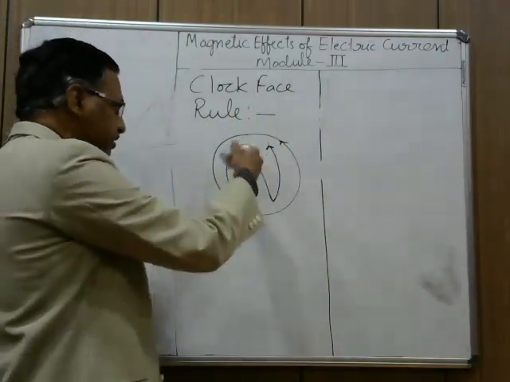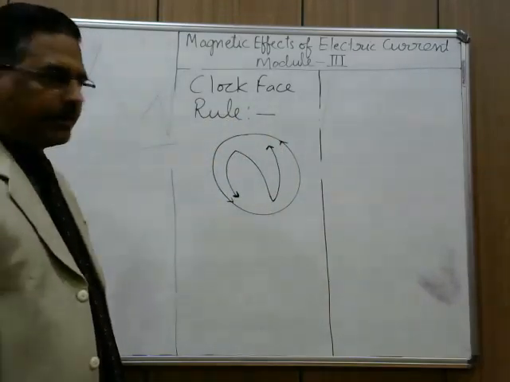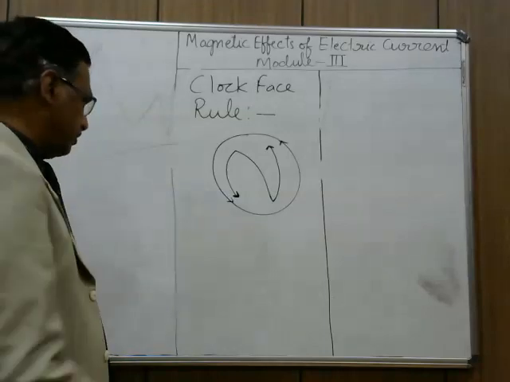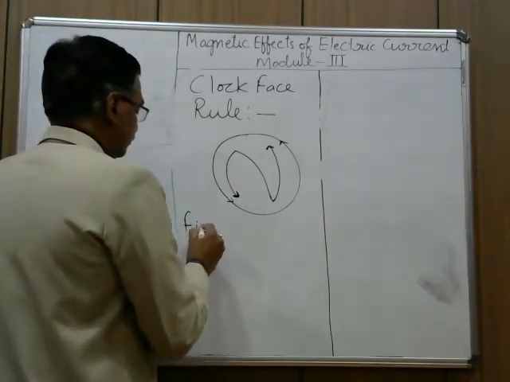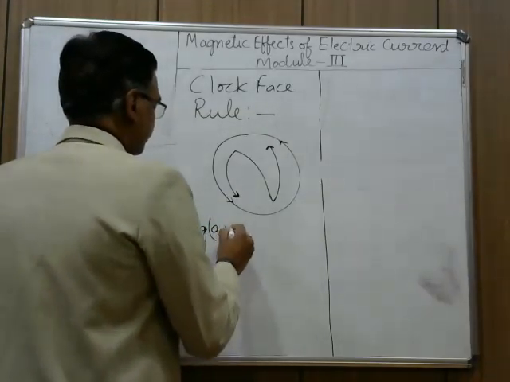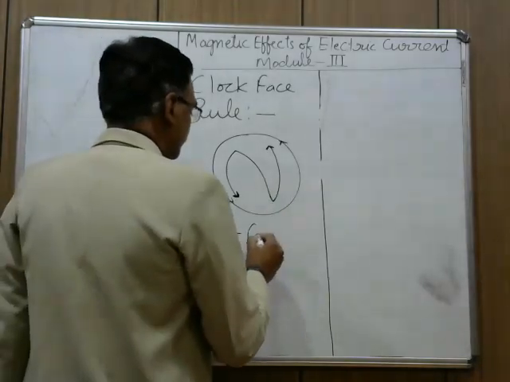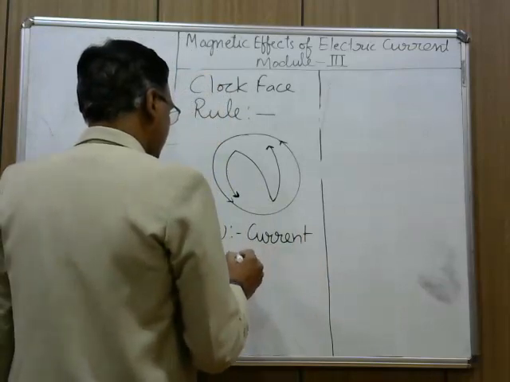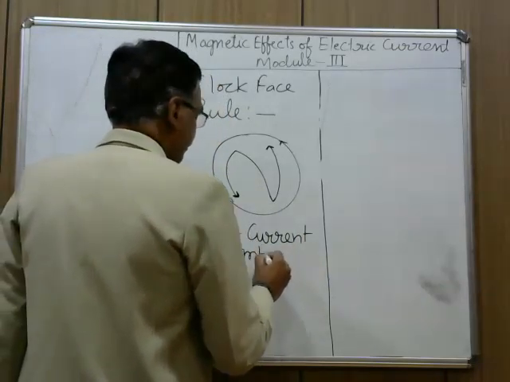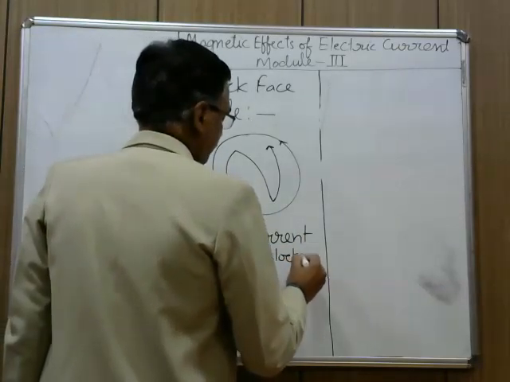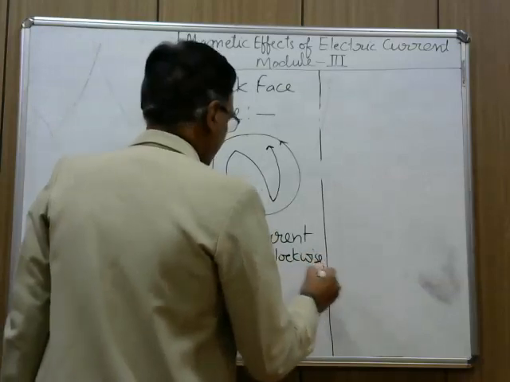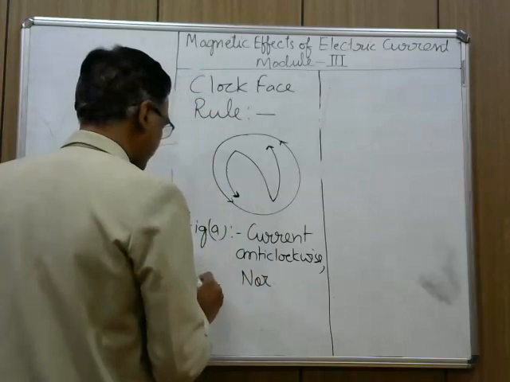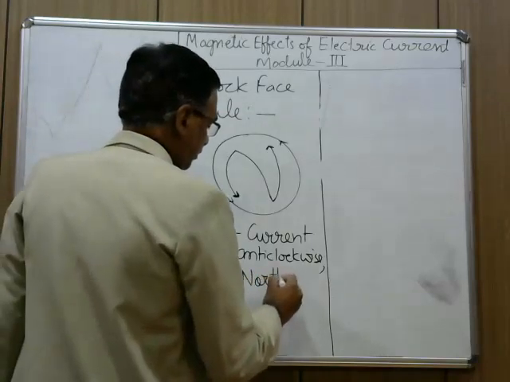Then that face of the current carrying conductor, which is the circular loop, will be north. Current anti-clockwise, face is north.